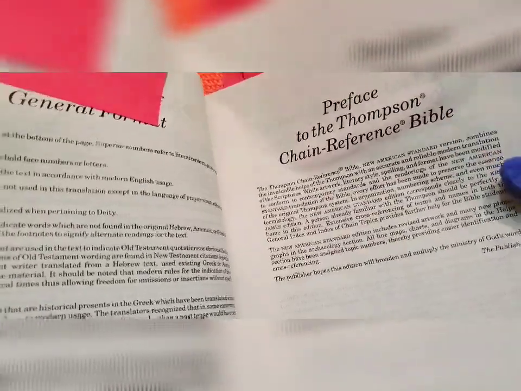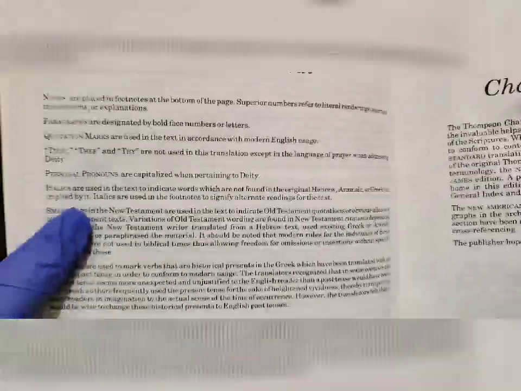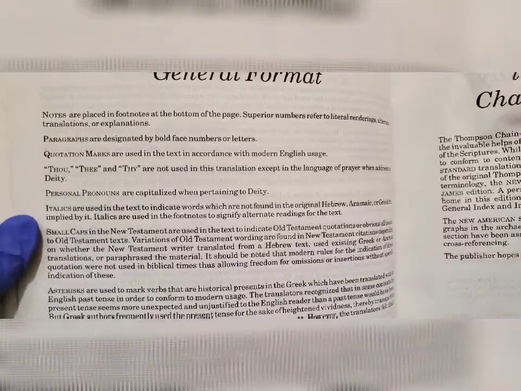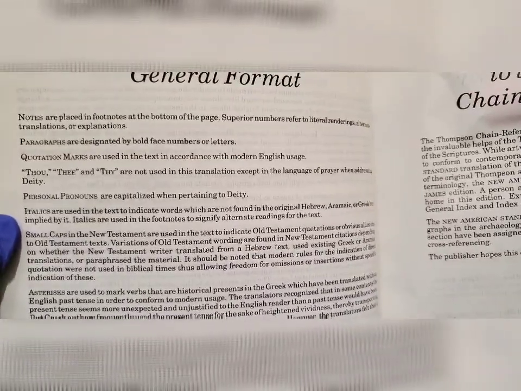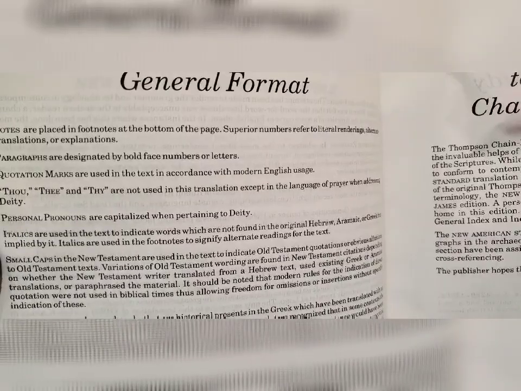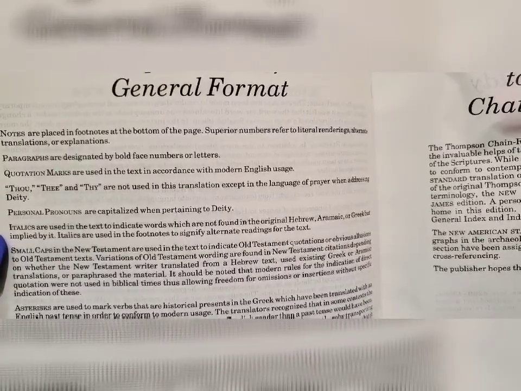Also, before that, I would like to show you this. Also read this topic, the explanation of general format, because you will see here that some of the texts are written in italics. Italics are used in the text to indicate the words which are not found in the original Hebrew, Aramaic, or Greek.